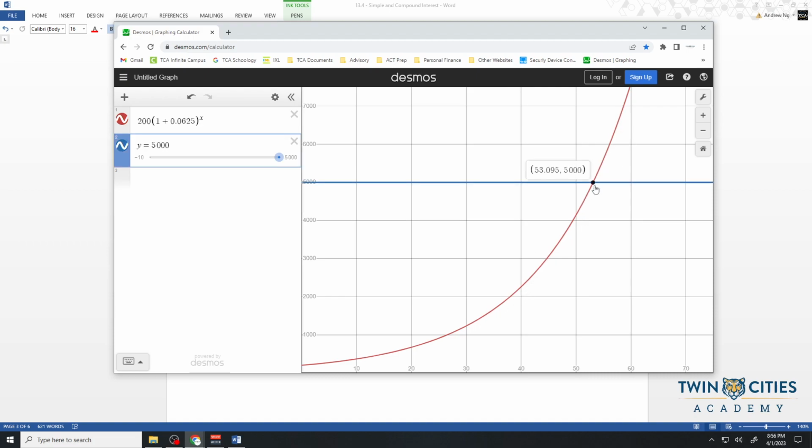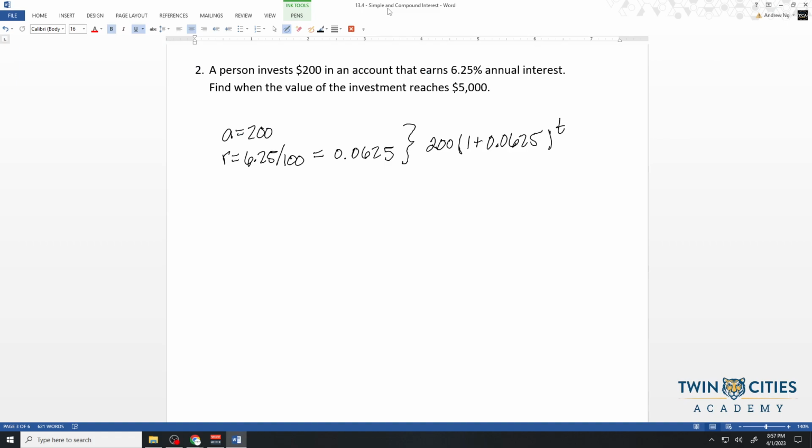And it's going to take 53 years to reach $5,000. But notice, even though that sounds like a lot of time, it was really, really slow to start. And then at some point right around here, it started growing much faster and much faster. Okay, so this is 53 years.